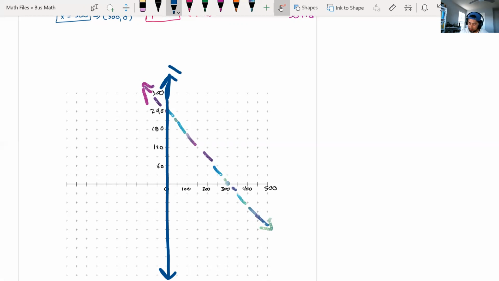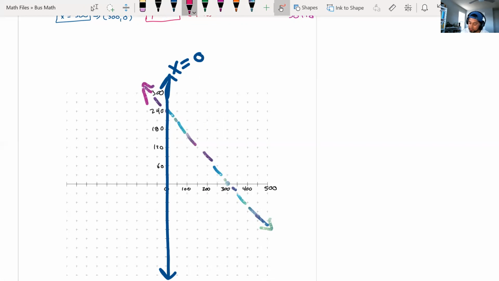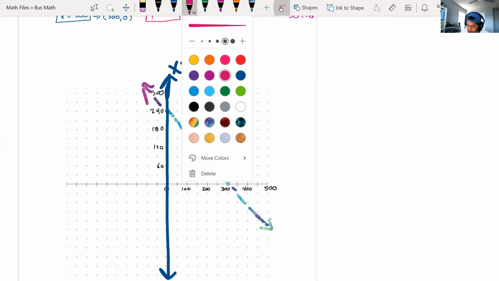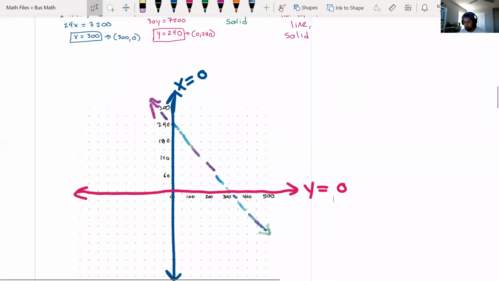So this is x equals 0. And then the next line to draw is y equals 0, which is going to create a horizontal line going down the x-axis. Just like that. And this one's y equals 0. And they're both solid. Okay, so there we go.